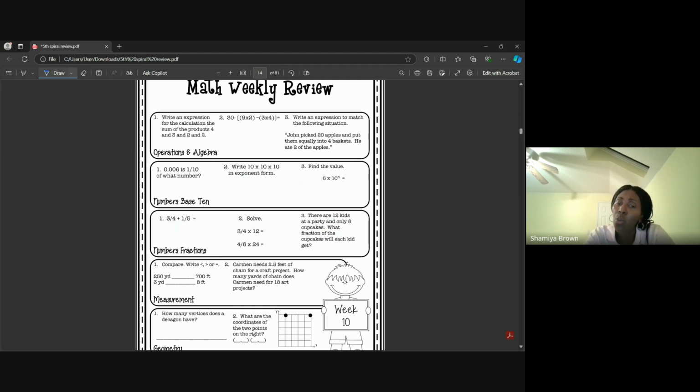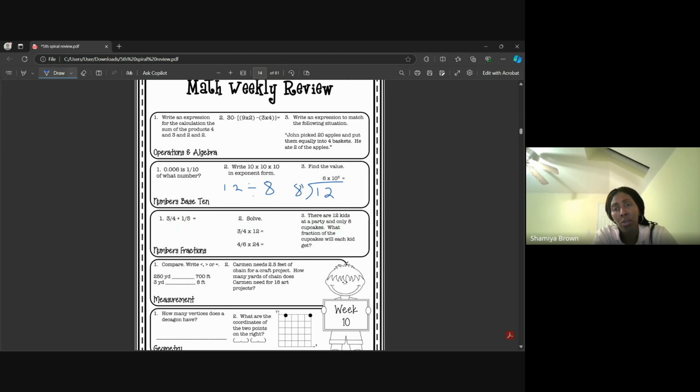So that's 12 kids and 8 cupcakes. What fraction will each kid get? What fraction of the cupcakes? So 12 kids divided by 8 cupcakes. See if I can just divide this.